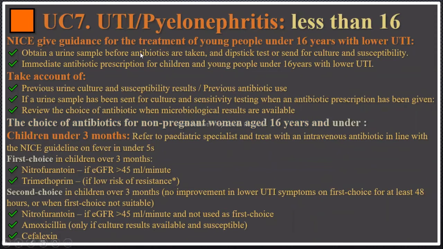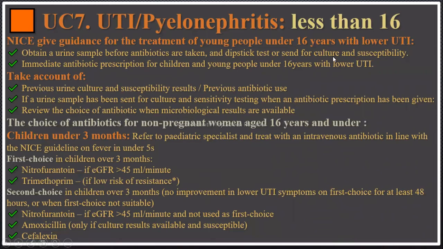NICE give guidance for treatment of young people under 16 years with lower UTI. Under 16, remember that. So if they mention in the scenario a female patient with symptoms of UTI, for example, dysuria, frequency, lower abdominal pain, what you will do: obtain urine sample before antibiotics are taken and do the dipstick test.